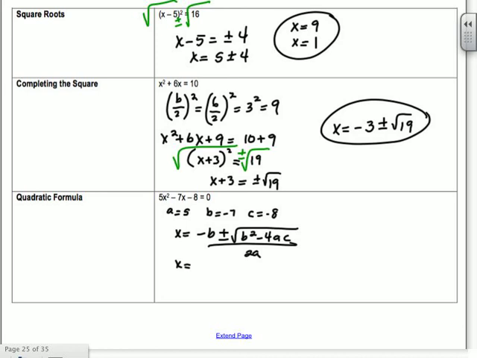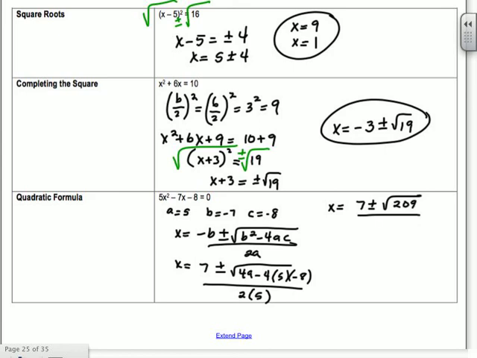So I get -7, so positive 7, plus or minus -7 times itself, so 49, minus 4 times 5 times -8, all over 2 times 5. So let's see, 49 plus 160, so 209. So 7 plus or minus the square root of 209, all over 10.